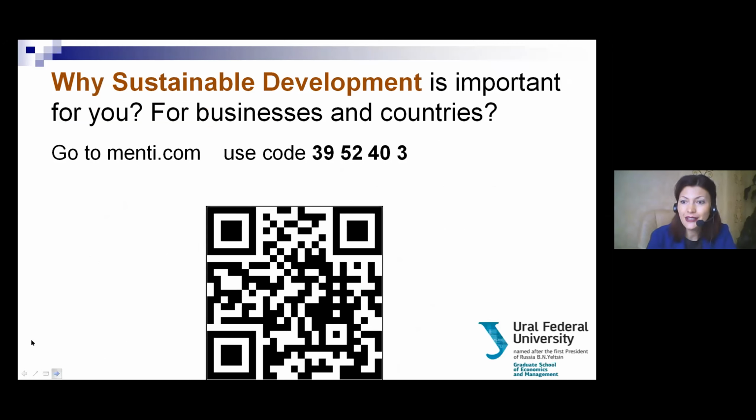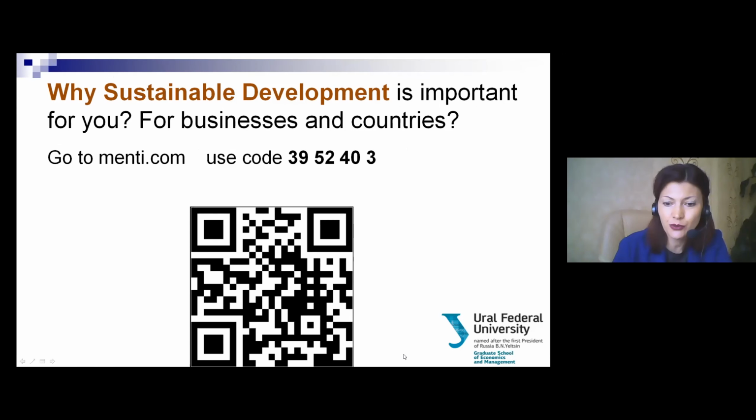Now, let's try to see who is in the room, and let's all go to Menti and use this code. You can try to use your mobile phone and just use this code if it works, and you will be in Mentimeter. Please answer the question: why is sustainable development important for you, for businesses and countries?